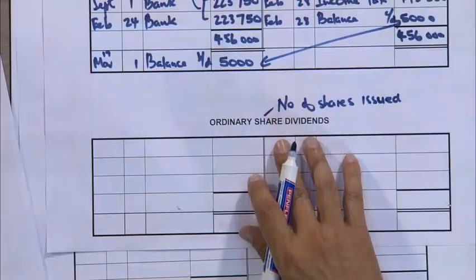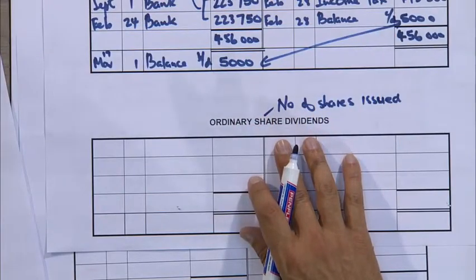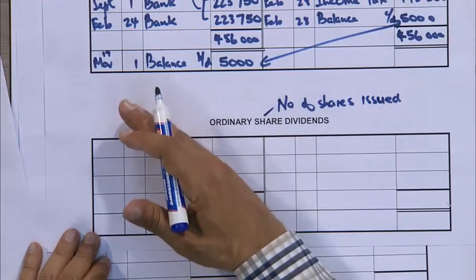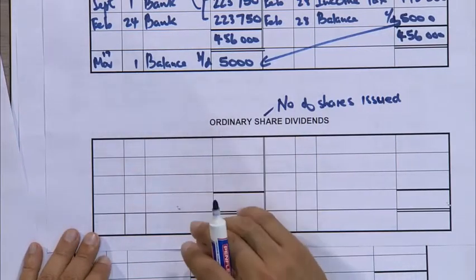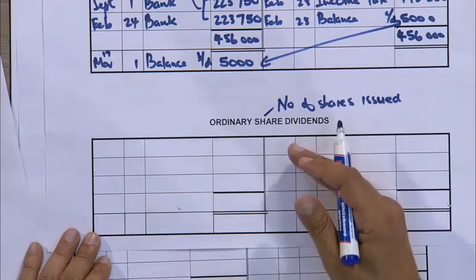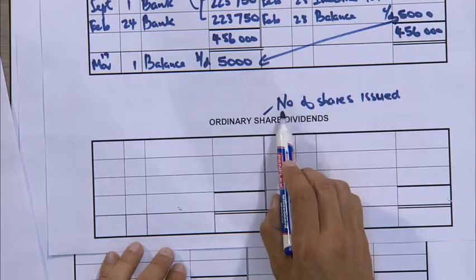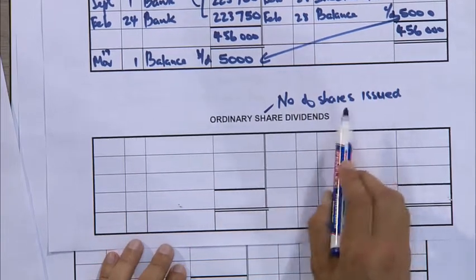In this dividend account, you're going to have 2 dividends. One will be during the year and one will be at the end of the year. One is normally paid and the other one is normally declared. But it all depends on the number of shares that was issued.